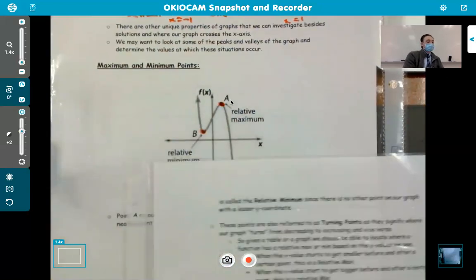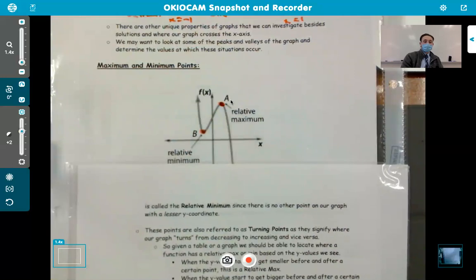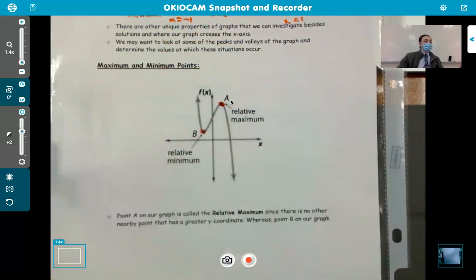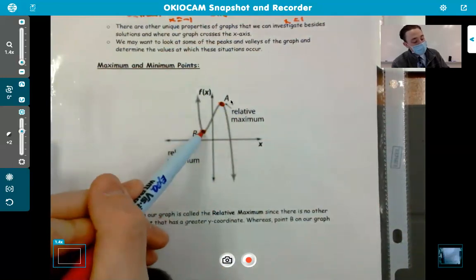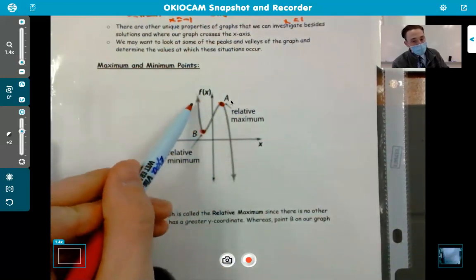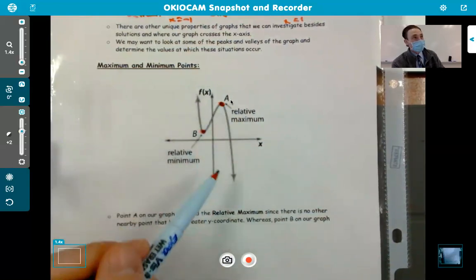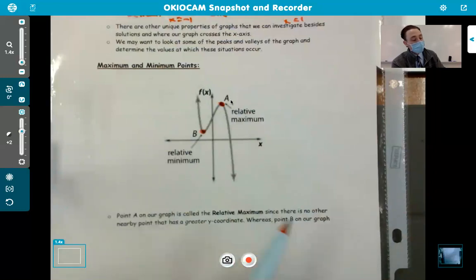Another thing that these could get referred to, and we'll talk about this a little bit more tomorrow, is what's called a turning point. We see it visually, but we'll talk about it more when we actually list our y values in our table, very similar to what we just did. Notice that at my minimum, I'm decreasing, I get to my minimum and then I start to increase. It starts to turn, it starts to change in the y values.